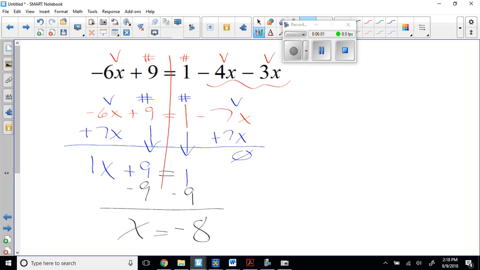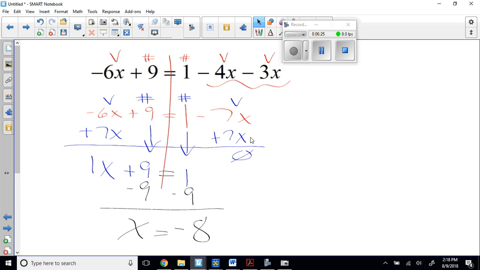Questions? You done what now? You moved to 6x. All you got to do is move one of your variables. It doesn't matter which one. I could have moved to 6x to begin with, and we would have come out with the same answer in the very end.